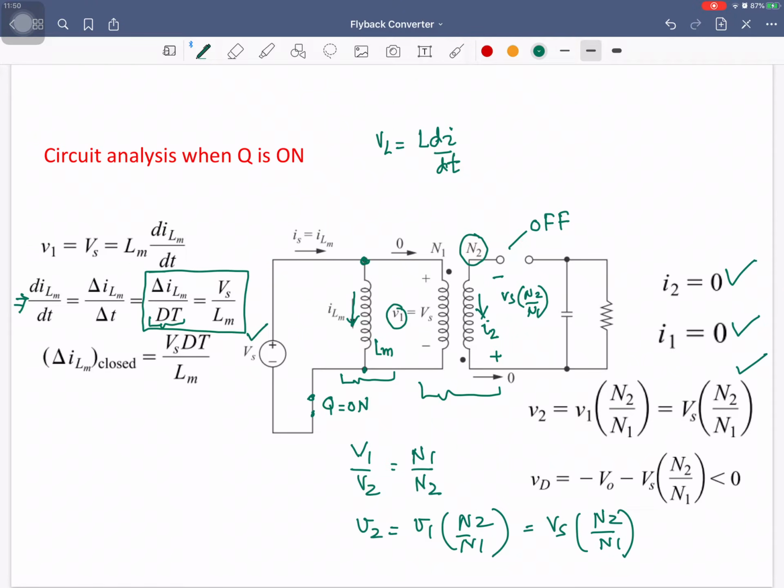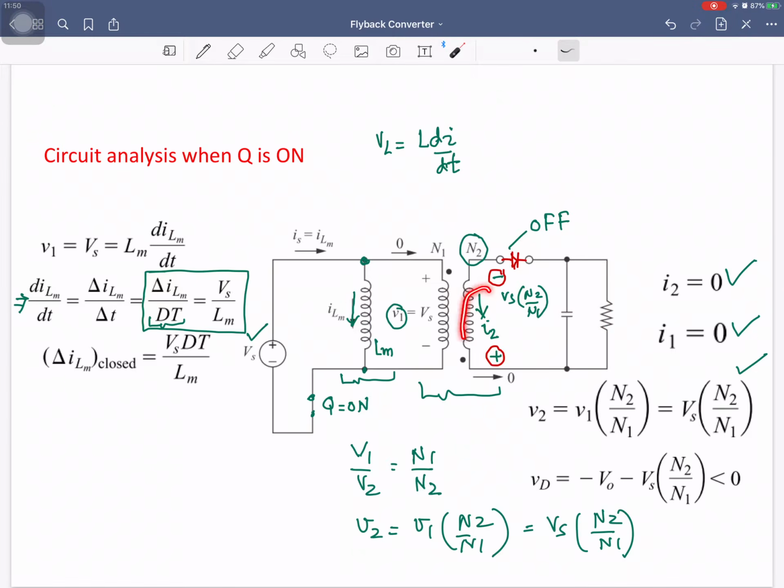Right? So what will be the voltage across your diode? The diode that is over here is reverse biased because of the negative voltage at its anode. So it will have to withstand the whole voltage that is present in the loop. So this is the loop.